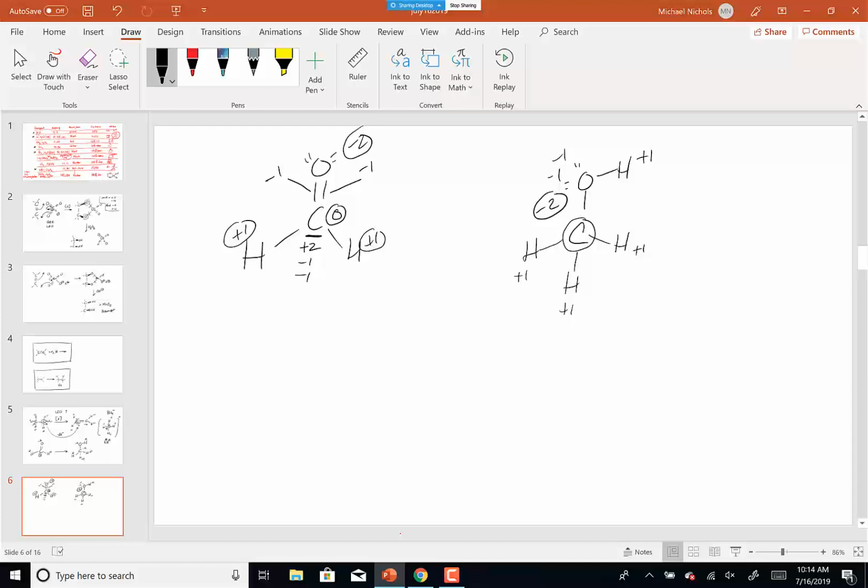That means we've got a -2 and 4 +1s, so this carbon has to be -2. So now we've got -2, -2, and 4 +1s, so it adds up to 0. Now, why is this carbon -2? It's gaining 1 from each of the three hydrogens, so it's -3. But then it lost one of those to the oxygen, so its net result is -2.